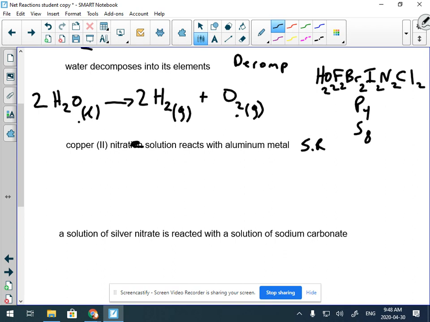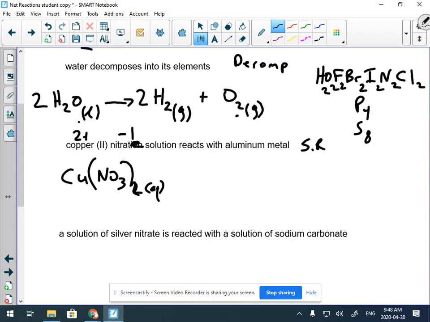All right, so we'll go copper and nitrate. Copper being 2 plus and nitrate ion being 1 negative, we need 2 nitrates for every copper. So if you remember back to Science 10, when you have more than one polyatomic, they have to be in brackets. Okay? And it says that's a solution, so it's aqueous.